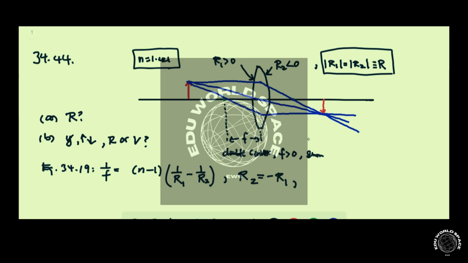But the magnitude of R1, R2 is R, so I can just write R1 is equal to R. And by this equation, R2 is equal to minus R. Now, if I substitute for R1 and R2 into this equation, then I have n minus 1, and then 1 over R minus a negative 1 over R. So then I add them up.